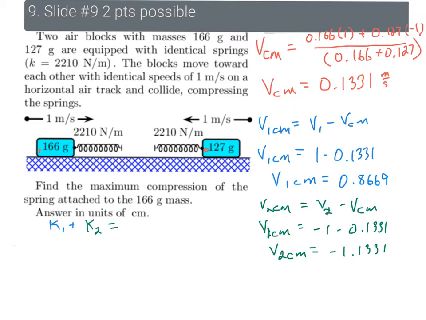So that means the kinetic energies that we have are going to go into elastic potential energy. So I'm going to have 1/2 kx squared for the first spring, 1/2 kx squared for the second spring. Since we have two springs, that can simplify for us just to kx squared.